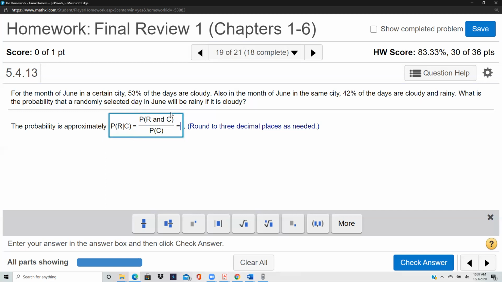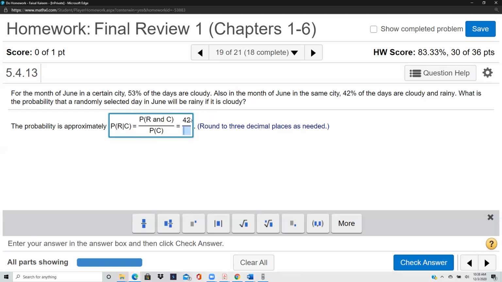Okay, would it be 0.792? Okay, so what did you do? So the 42% is cloudy and rainy, so that would go on top, and on bottom would be the 53. I did it without the point, but to make you happy, we'll do point also.